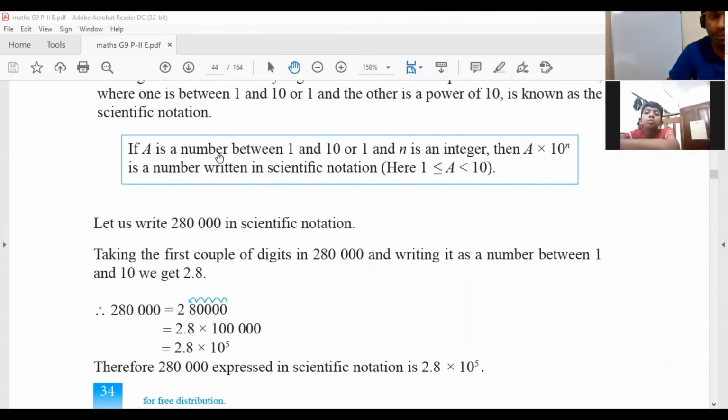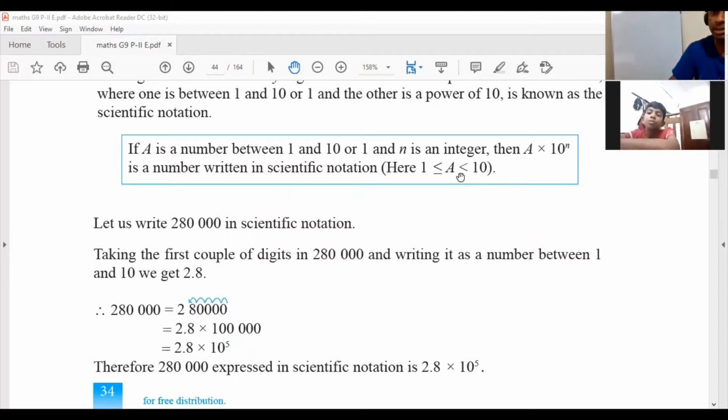If A is a number between 1 and 10 or 1, and n is an integer, then A times 10 to the power n is a number written in scientific notation. A here can be equal to 1 or greater than 1. That means the equal sign is there. A can be equal to 1 or greater than 1 and less than 10.